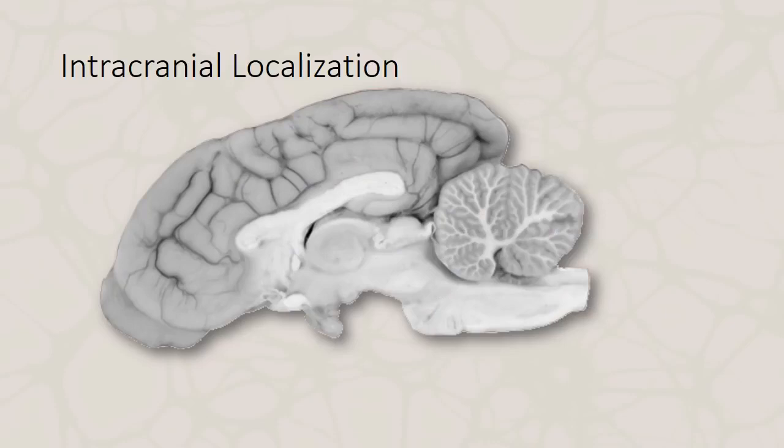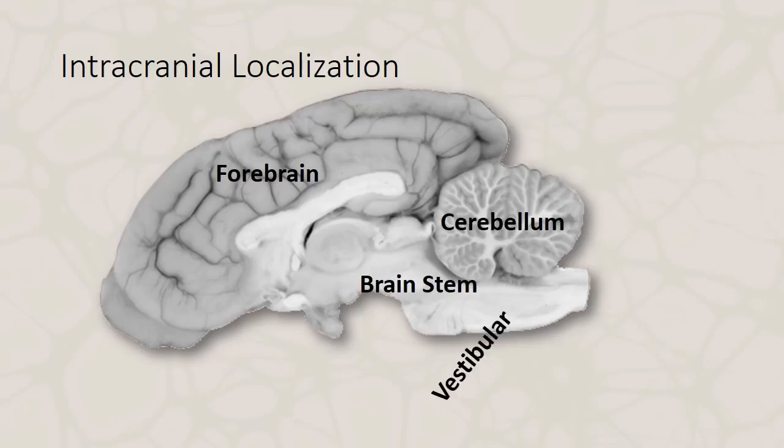What's more important to me, especially from a clinical standpoint, is, do you think it's forebrain? Do you think it's the brainstem? Could it be the cerebellum? Or could it be the vestibular system?